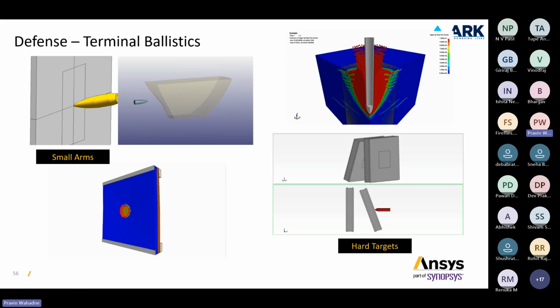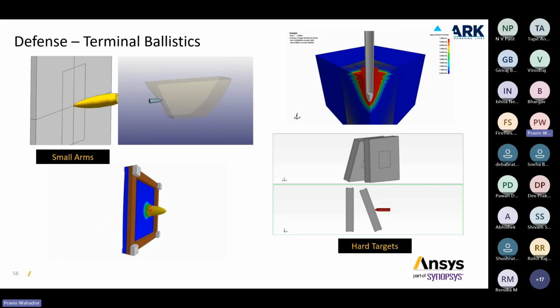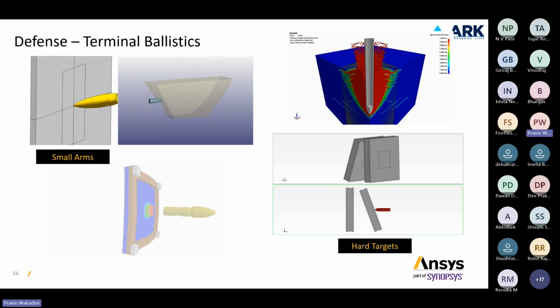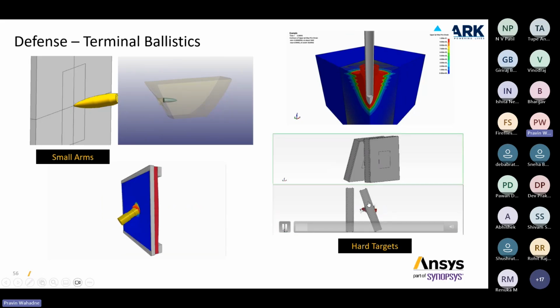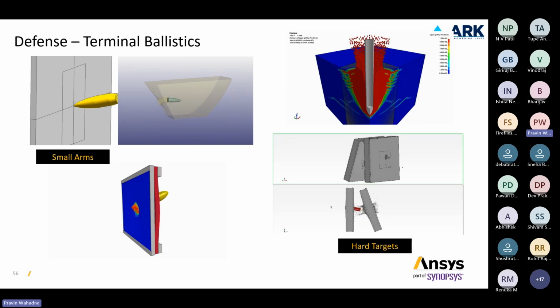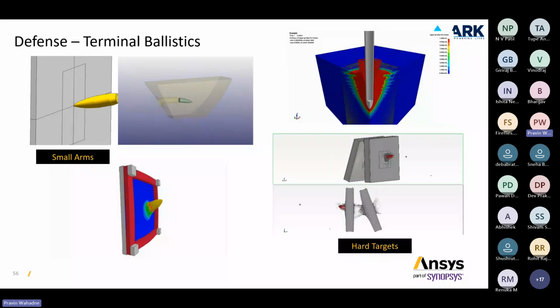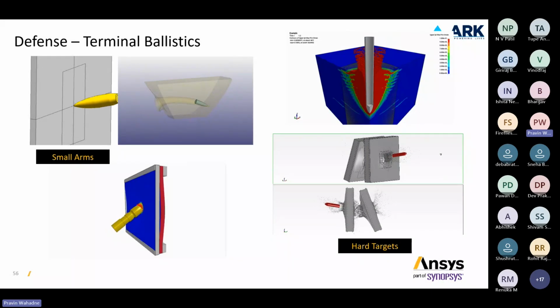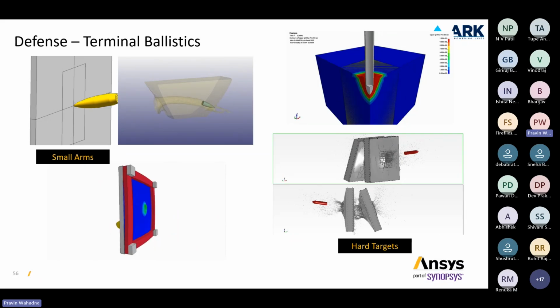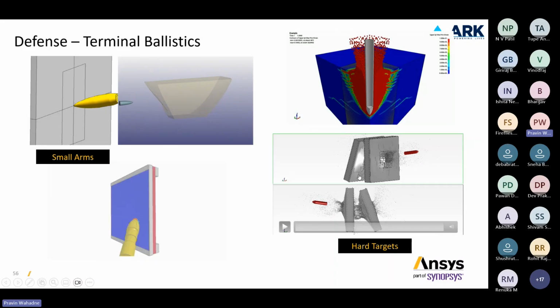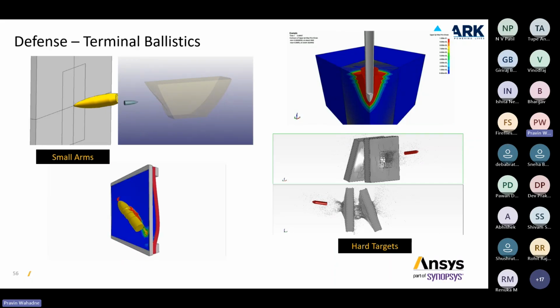In these different segments, if you want to perform small arms simulations, blood penetrations, and it may be hard targets. Those sorts of hard target simulations, composite materials which are generally used for safety. To check those composite failures, we can create those composite layer models. This is not composite modeling, but I'm just telling you that if you want to perform a ballistic impact on composite materials, you can do it.